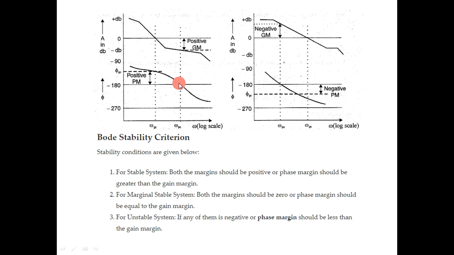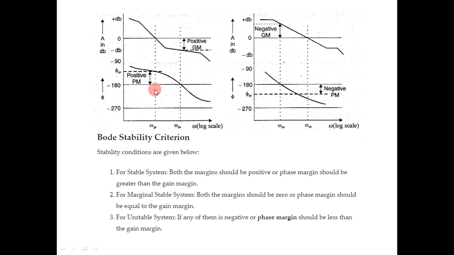Okay, so at the phase crossover frequency omega pc we extend one straight line from this point, and we have to check where this straight line intersects the magnitude plot. So this is the point where it intersects the magnitude plot, and this is nothing but the gain margin, positive gain margin.